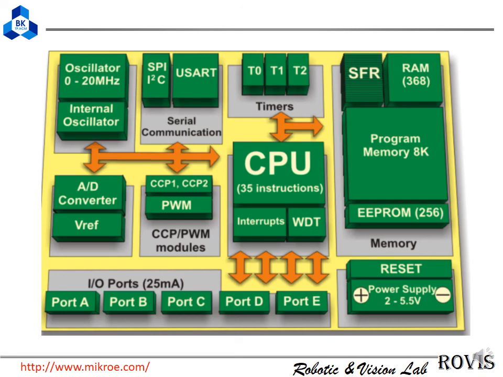And then we have the memory, and we have the EEPROM here, and we have the speed here. This is the oscillator, this is the speed. It will work at 20 megahertz or higher. Okay, so this is the first part.